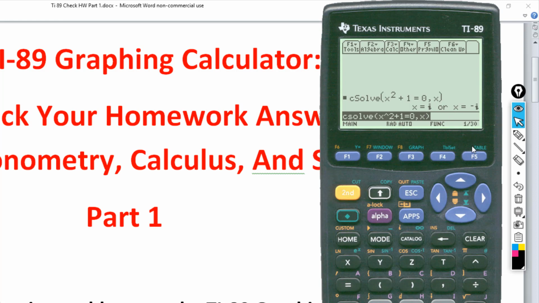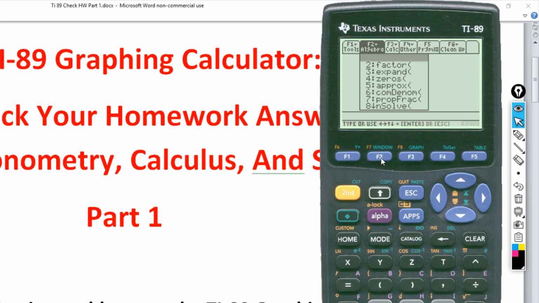So what I would suggest, if you're going to solve any polynomial equation or try to find the zeros for a polynomial, is you can use this type of setup with the C. Instead of using the first command, F2, which solves for real solutions, I would come down here, scroll down to complex, and then you can see C solve.